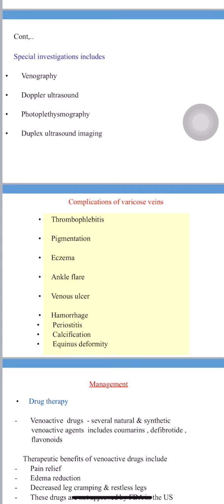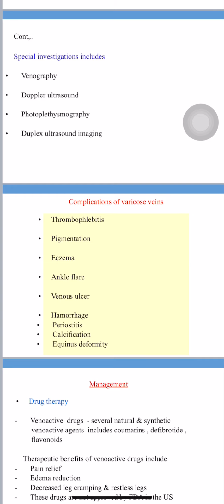First one is thrombophlebitis. It means inflammation of the superficial veins. In this case, the veins become red and feel like tender cords in the subcutaneous tissue. Another complication is pigmentation, particularly seen in the lower part of the leg.